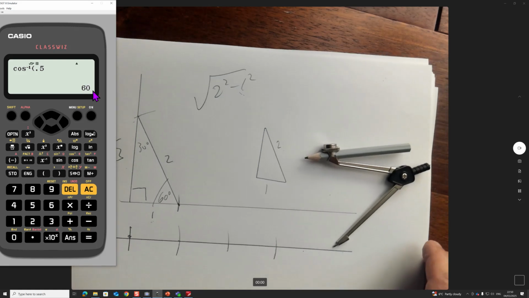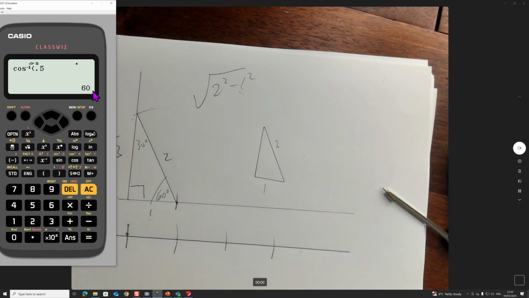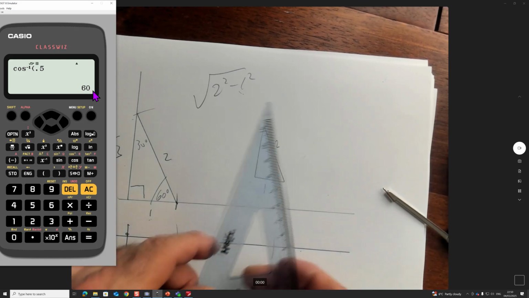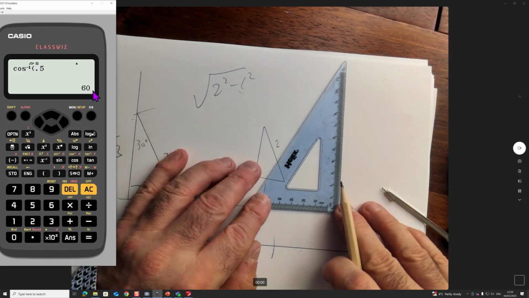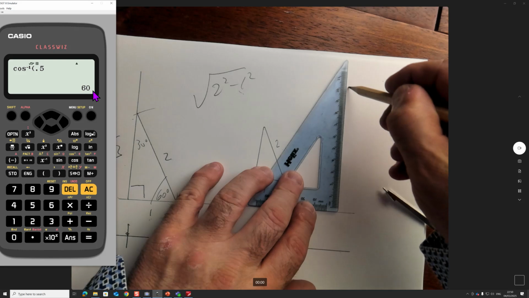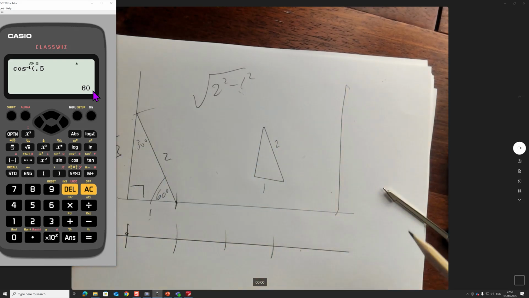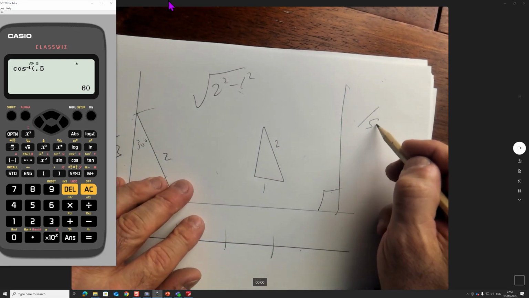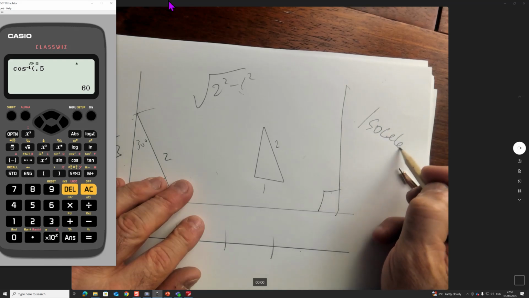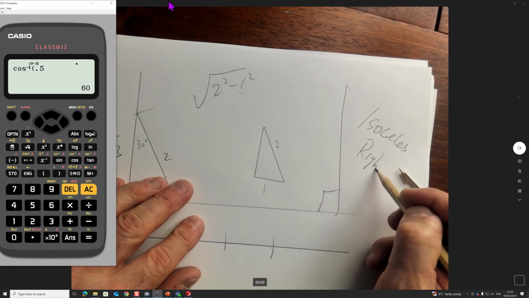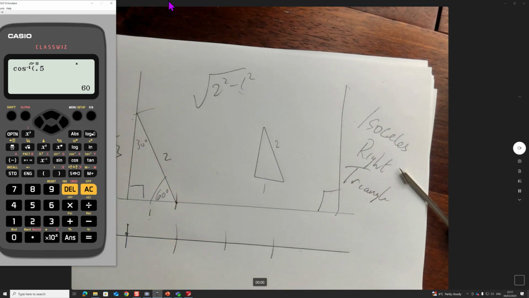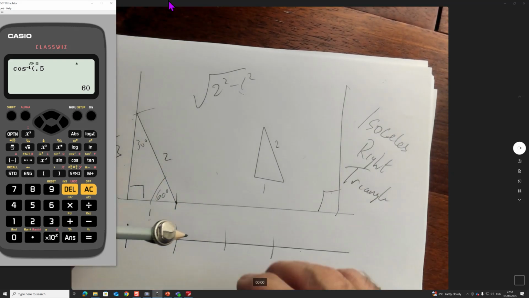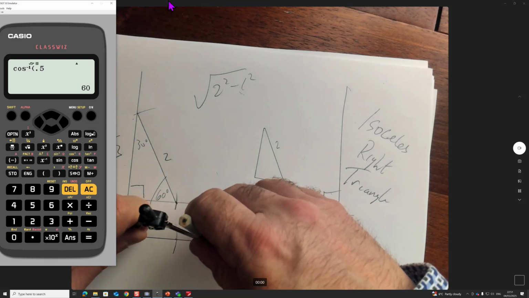Now by the same token, let me put a right angle up here, and I'm going to generate an isosceles right triangle. And in this it's even easier. You're just going to take 2 measurements the same. It doesn't matter what they are.